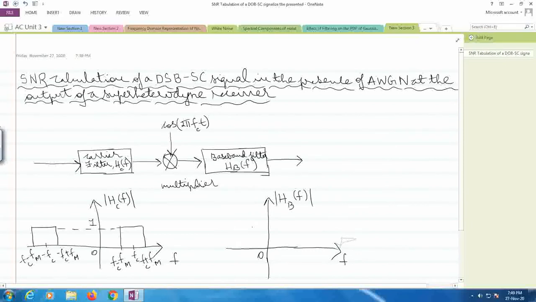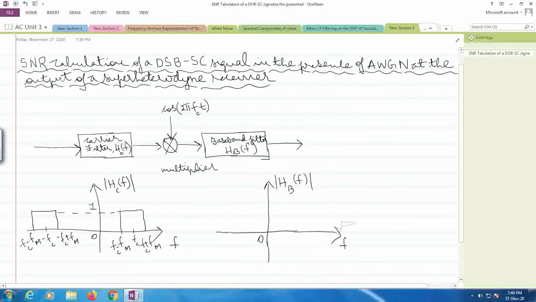Assuming that we are going with a sinusoidal message signal whose highest spectral component is fm, the baseband filter transfer function will be non-zero in the interval from 0 to fm, and obviously on the other side to minus fm, and the magnitude is again 1.